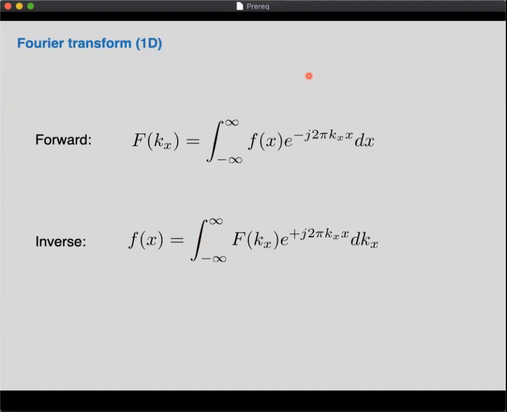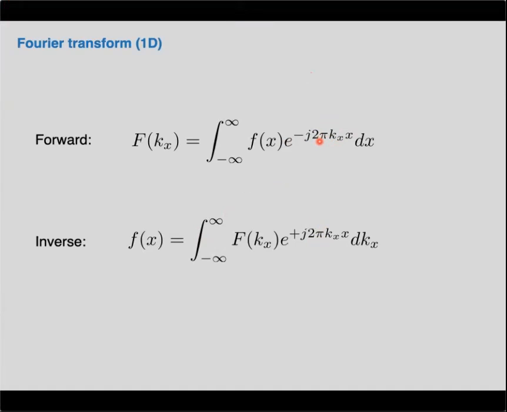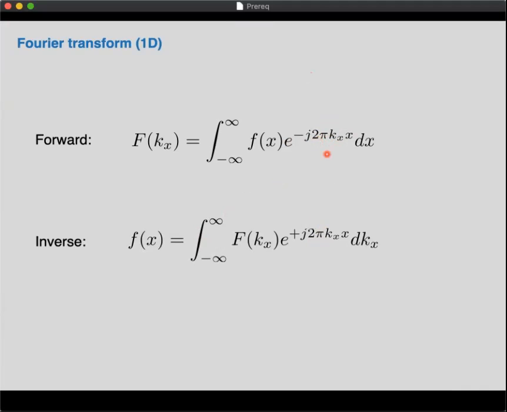Now, for those of you who are familiar with another form of Fourier transform, we have an omega here, not 2 pi k. The only difference is that omega is angular frequency, whereas here k is actually a frequency, not the angular frequency, and so it has a unit kx.